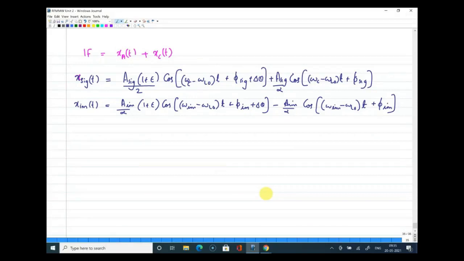And now one thing is clear, that we are not going to get perfect cancellation of image. So for that reason, we have to see how much image is getting rejected here.